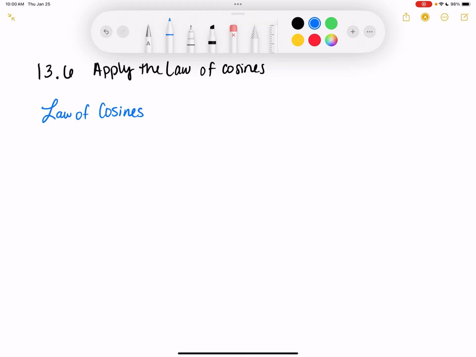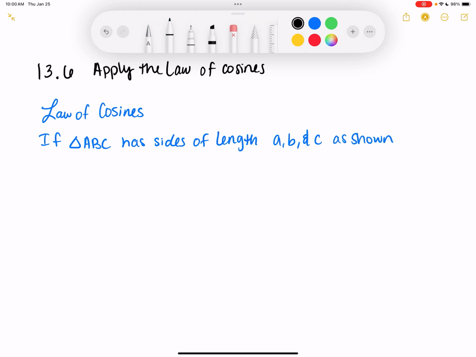Law of cosines says if triangle ABC has sides of length A, B, and C as shown. So I'll give you a triangle picture. Like that.